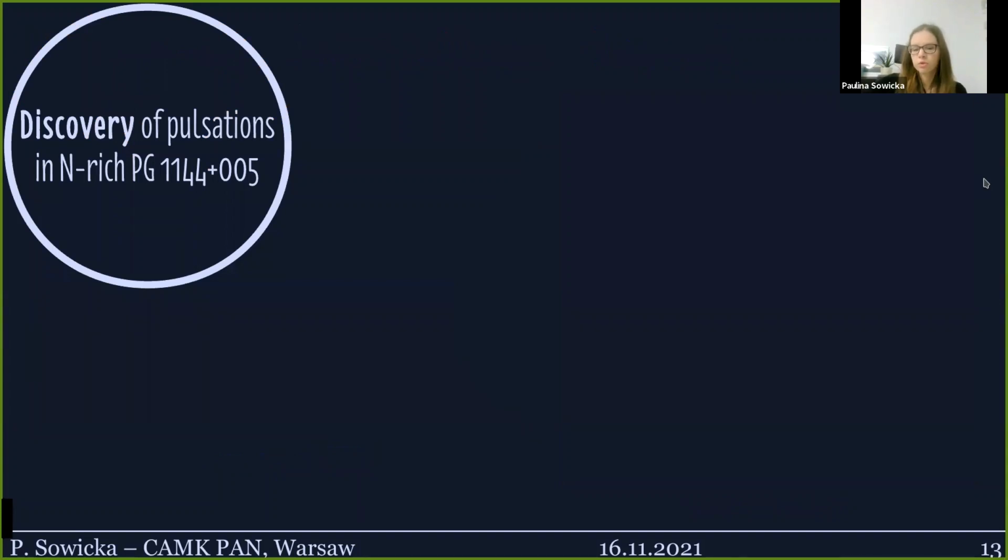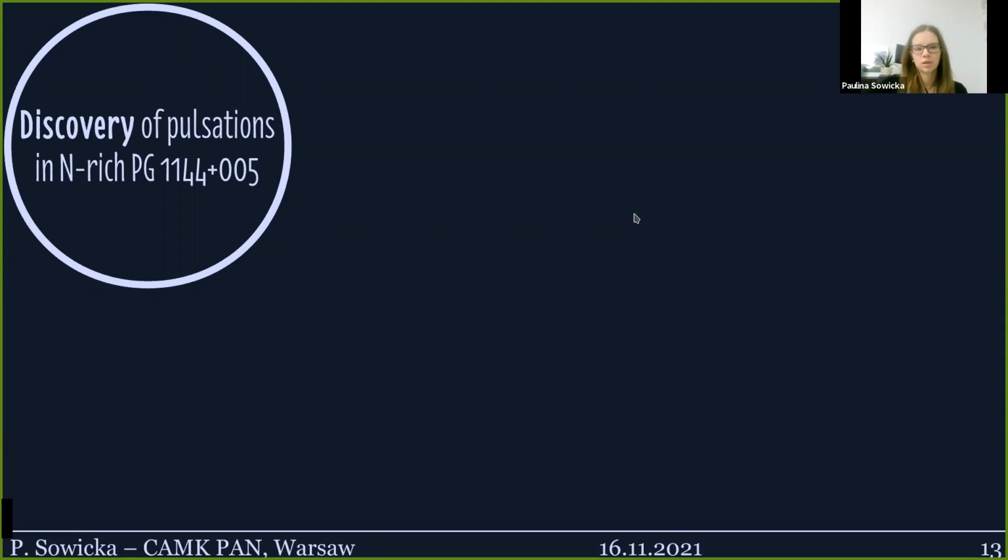So to sum up, for the time being, there is a clear separation: all nitrogen-rich PG1159 stars are pulsators, and all nitrogen-poor ones are non-pulsators.